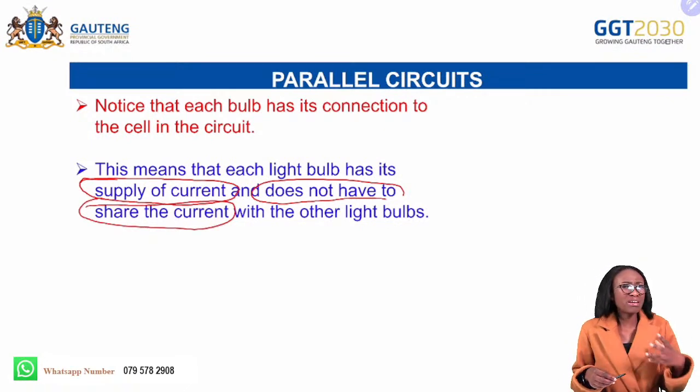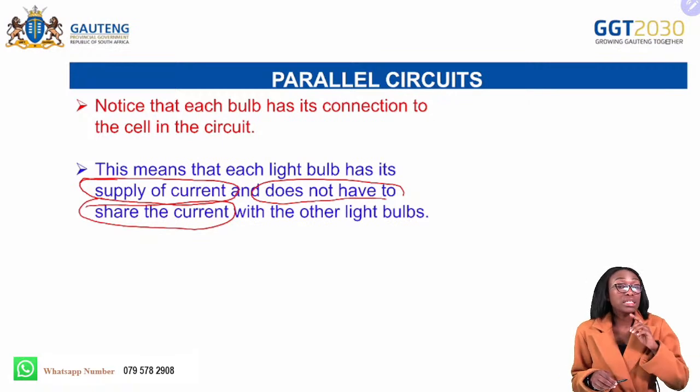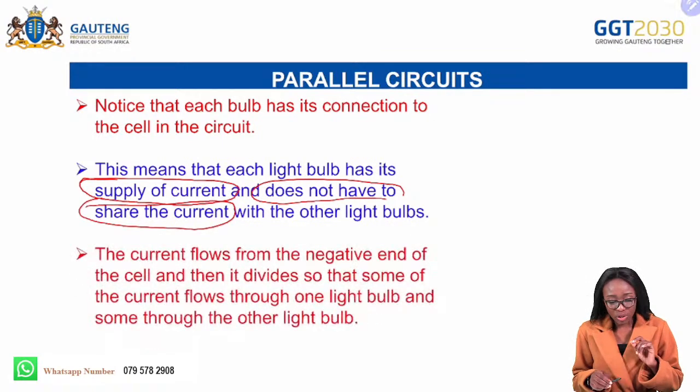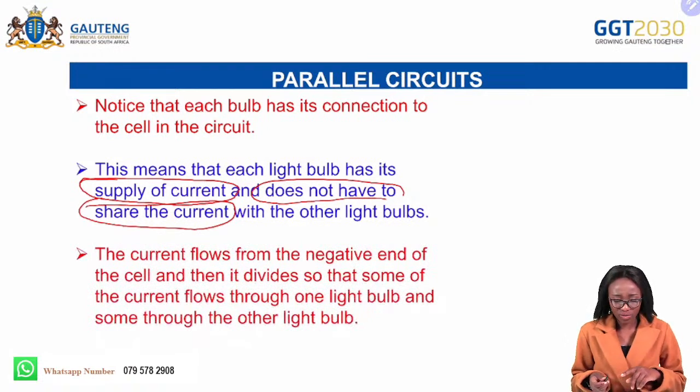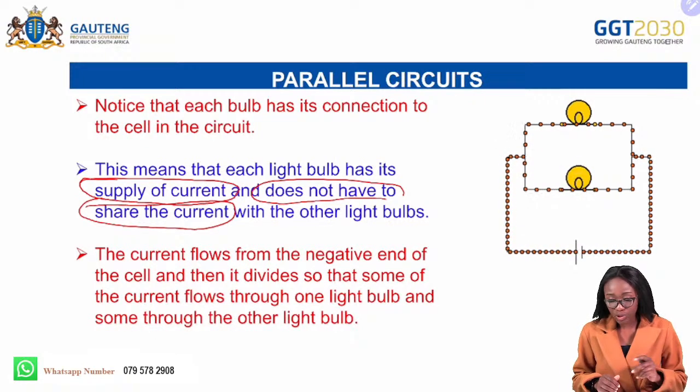That's why when you disconnect other light bulbs, it will remain on. The current flows from the negative end of the cell, then it divides so that some of the current flows through one light bulb and some through the other light bulb.